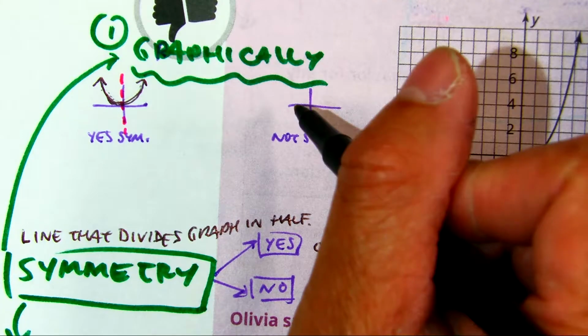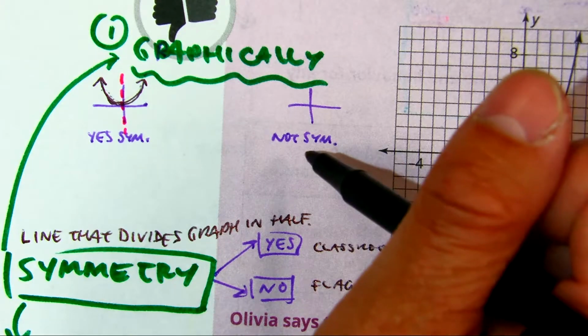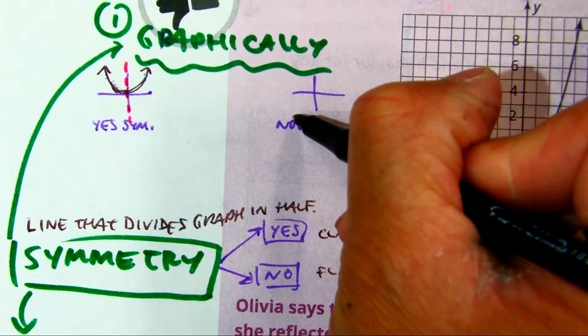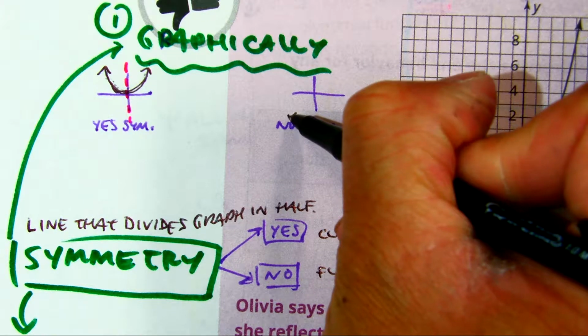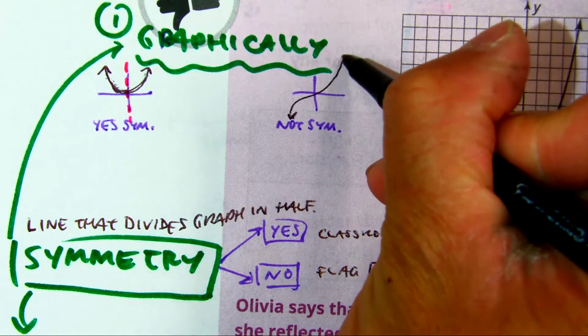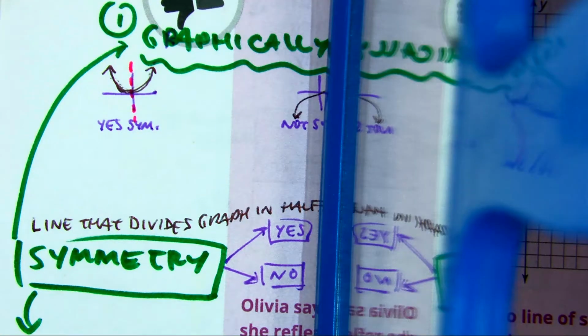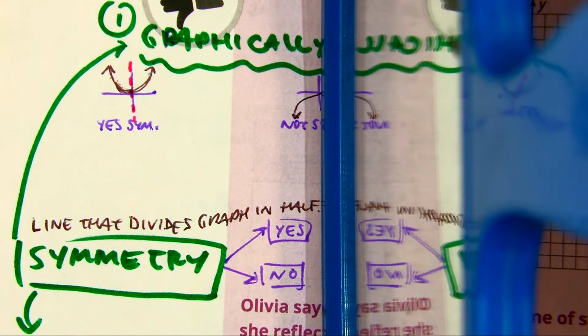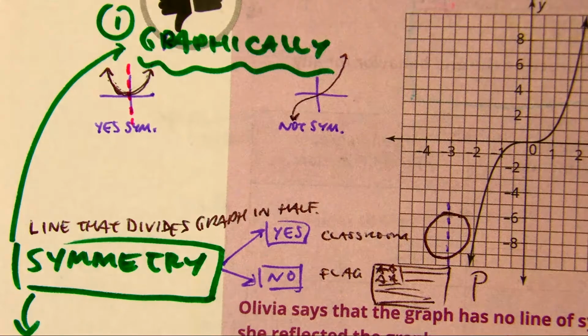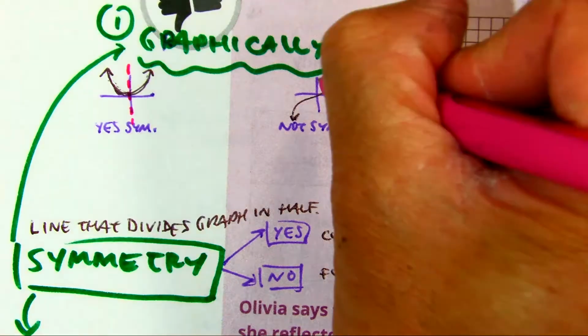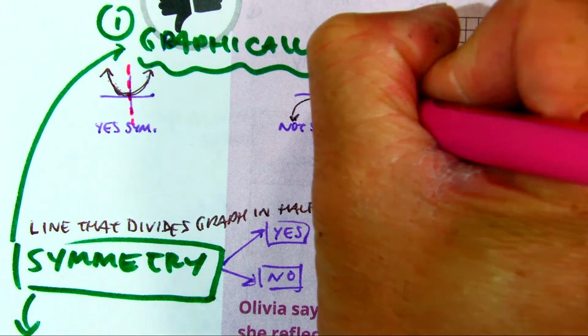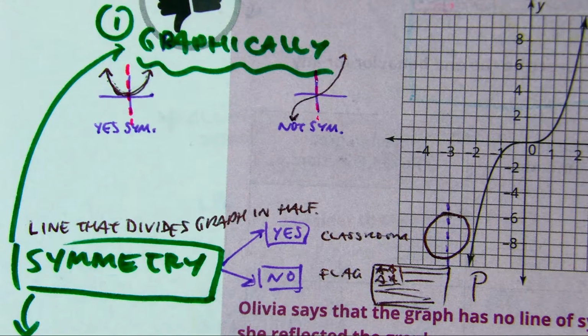Oh, so you're thinking cubic. I like that. Let's draw cubic. Can that be folded on the y-axis, class? No. So she is correct. This is not symmetrical. Does anyone know the answer to the one I said about the parabola?